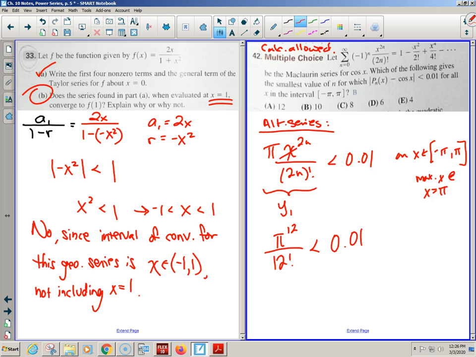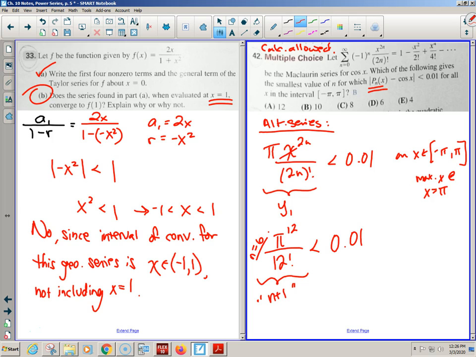Lorenzo helped me out a little bit because I was getting stuck on, hey, this occurs when n equals 6. But the problem is that's the n for the alternating series. That's not the n for the power series. Technically, this is the 12th degree power series. And if the 12th degree term is less than 0.01, remember the alternating series error is the next term, n plus 1, one beyond the actual.